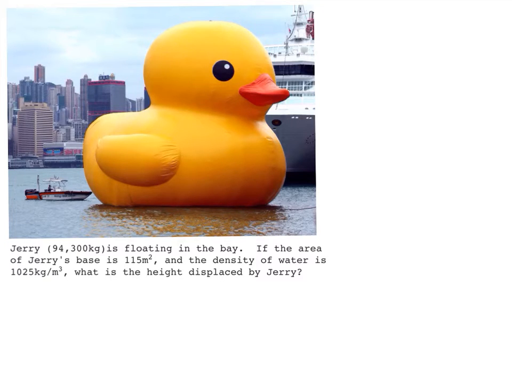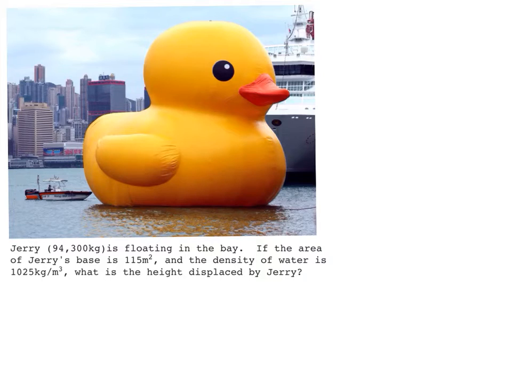If the area of Jerry's base is 115 meters squared, and the density of the water is 1,025 kilograms per meter cubed, what is the height displaced by Jerry? That's asking how much water, if we could measure the height, is displaced by Jerry. So we're not really talking about volume displaced, we're talking about just the height of the volume.